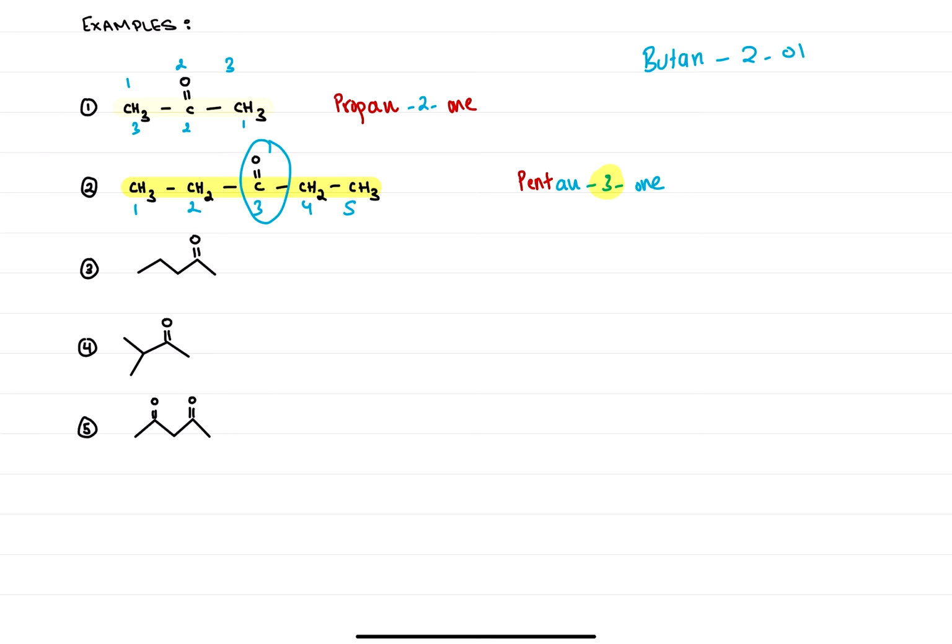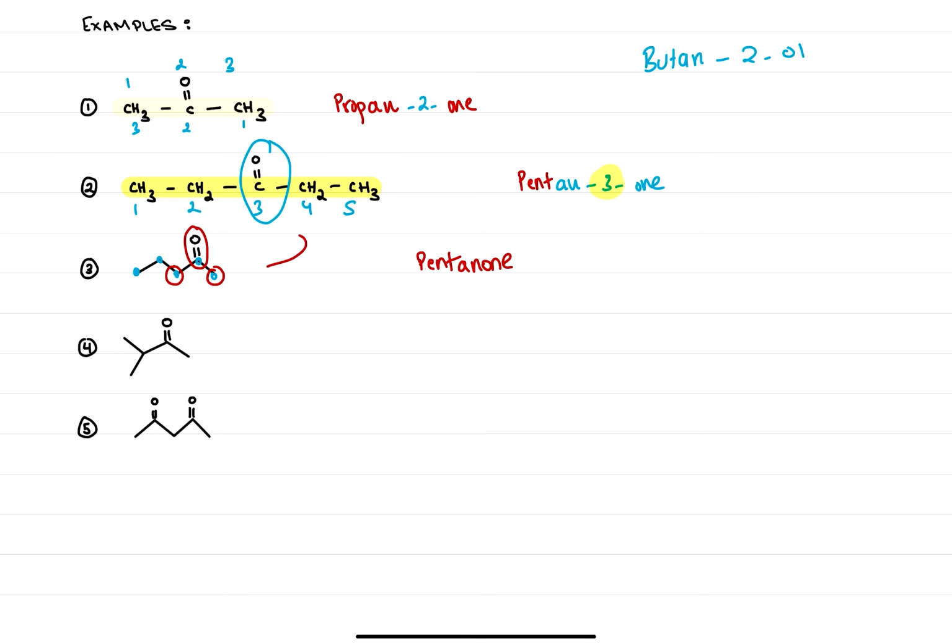In this case, I'll once again draw these out for you. So 1, 2, 3, 4, and 5 carbons. So this is going to be named pent-. Then I see this C double bond O group over here, and then a carbon here and a carbon here. So this is going to be a ketone, so pentanone.